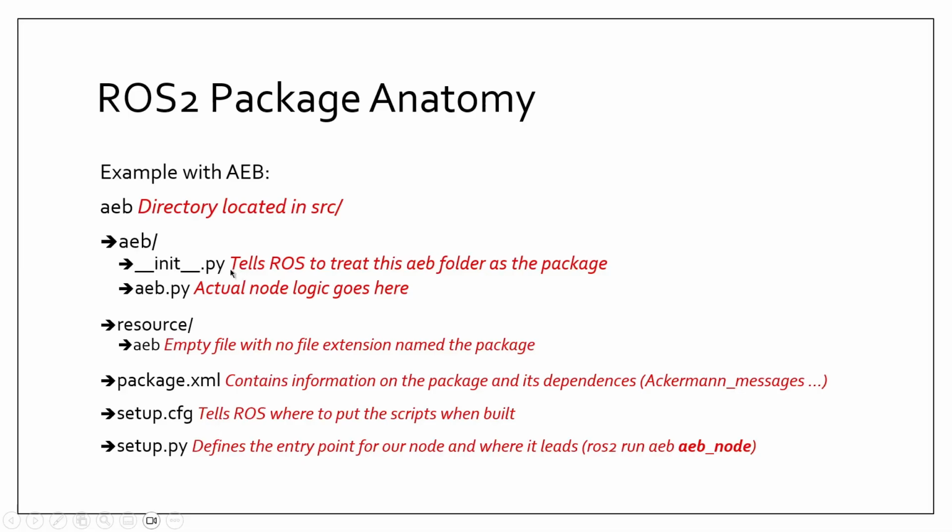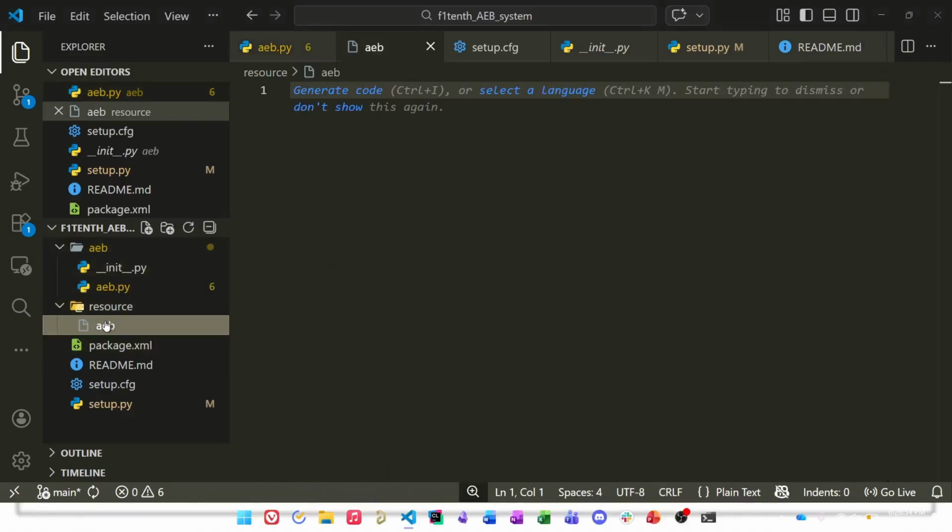This can just be empty, it just tells ROS that this is a package, and then you have the actual logic, which is the AEB.py, and then you have another directory called resource, and inside of it you just have AEB, but with no extension or anything. It's just empty. So this is it right here.